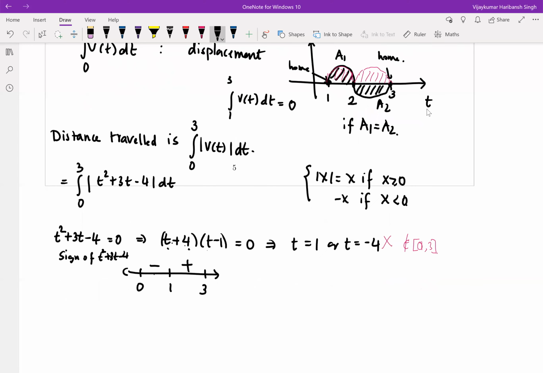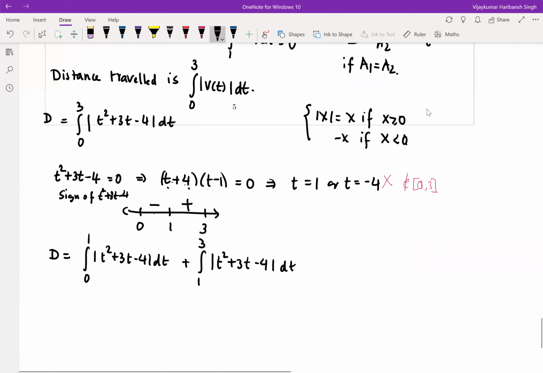So this distance traveled, let's call this d. So this d is going to be the integral from 0 to 1 of the absolute value of t square plus 3t minus 4 dt plus the integral from 1 to 3 of t square plus 3t minus 4 dt. Now we need to get rid of the absolute value sign.